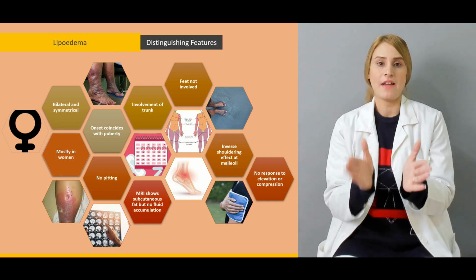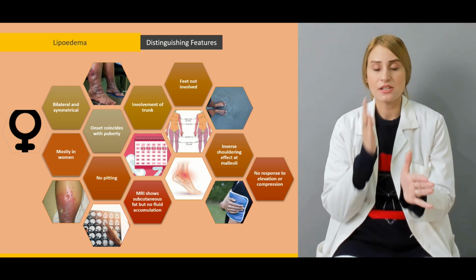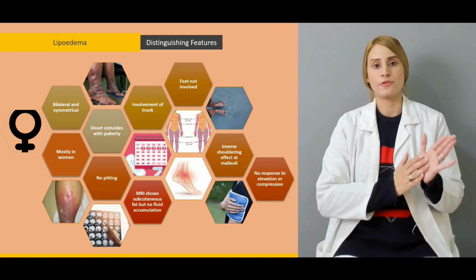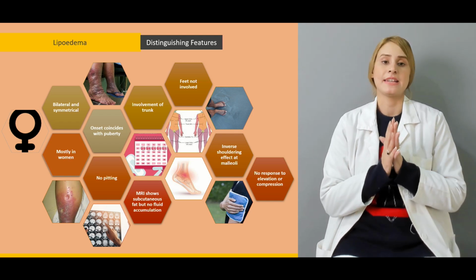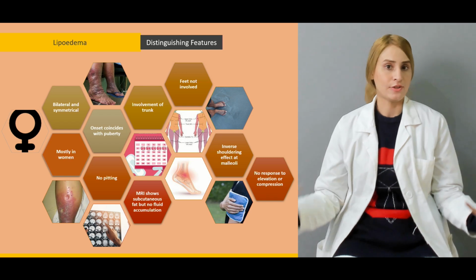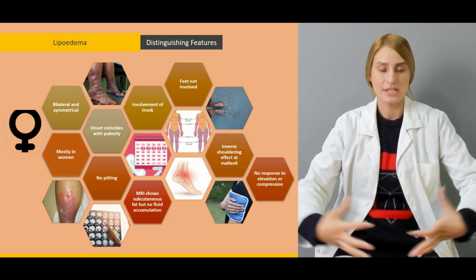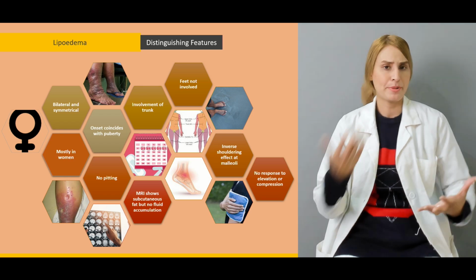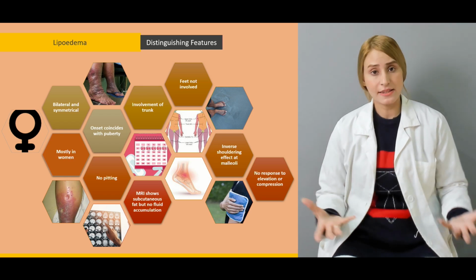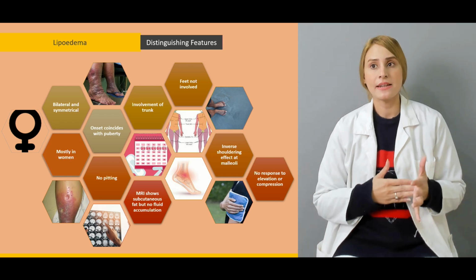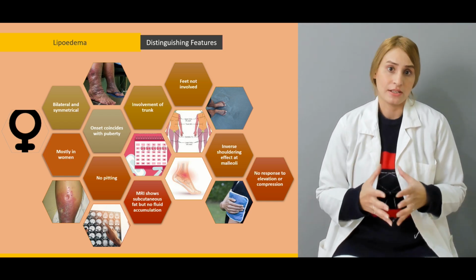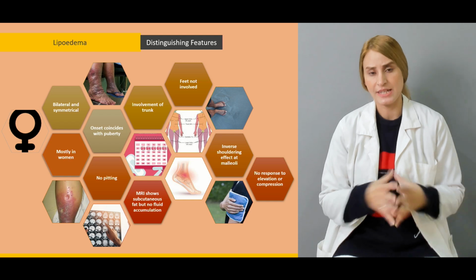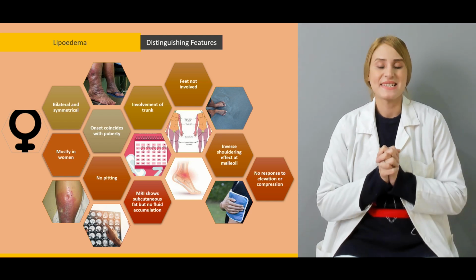You need to investigate a case properly, starting from the history. Ask for conditions of malignancy, or ask for radiotherapy, or some kind of bacterial, fungal or parasitic infections, or ask the patient about some kind of excision of the lymph node, or axillary dissection, or breast surgery, mastectomy.